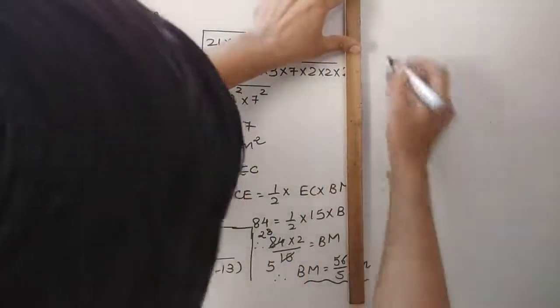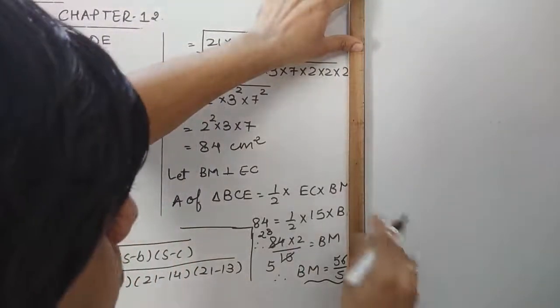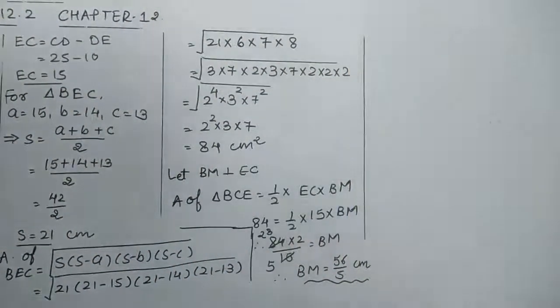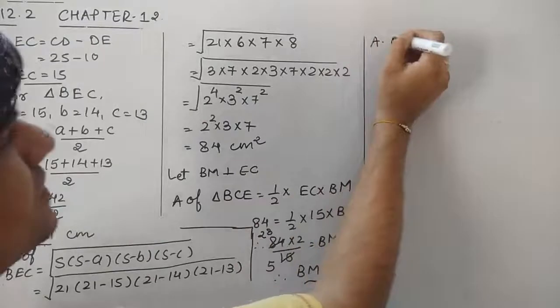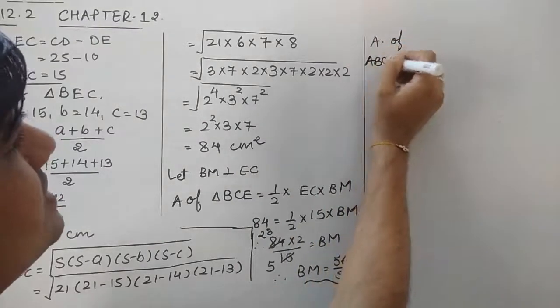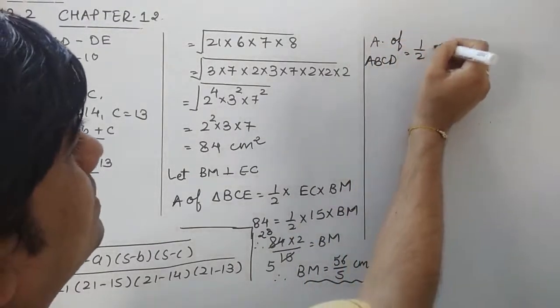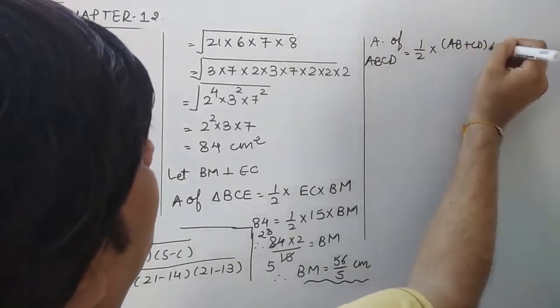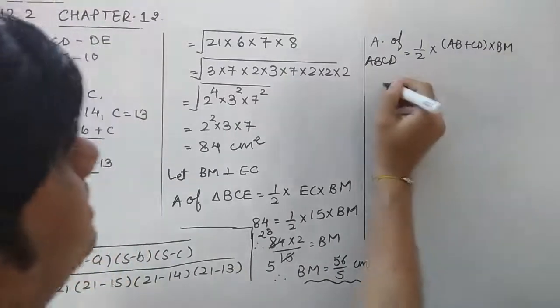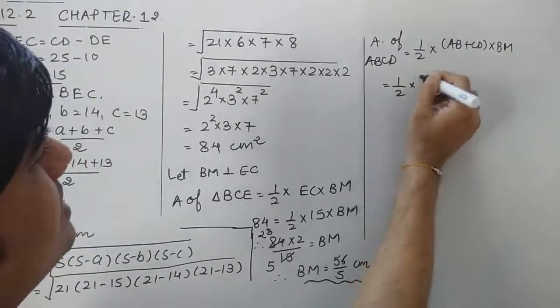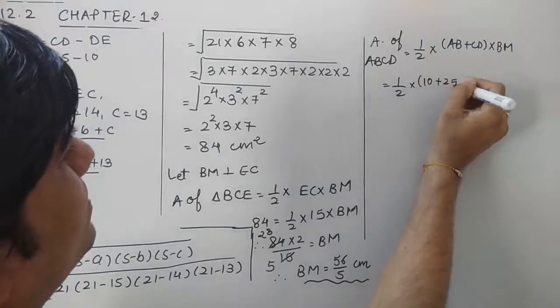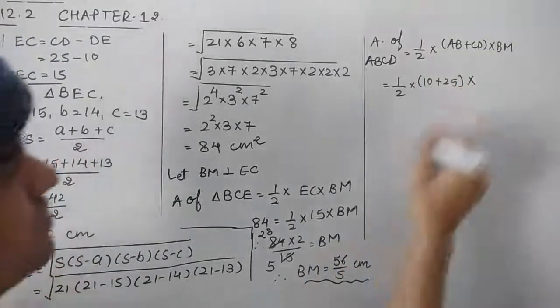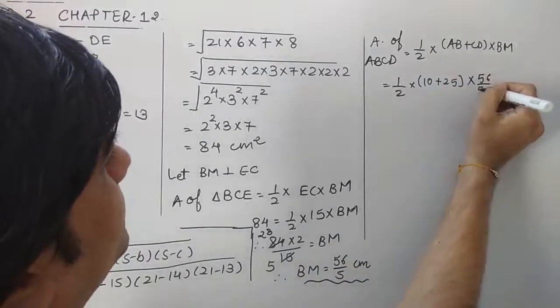The formula which we have already written earlier in the question: the area of trapezium ABCD is half into the sum of its parallel sides into its height. So half, the sum of the parallel sides is 10 and 25, and the length of the height which we obtained is 56 upon 5.